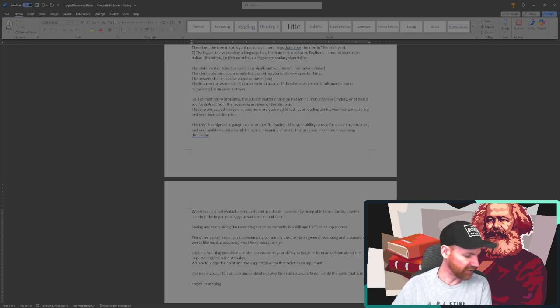So, logical reasoning problems. We're talking about a formal thing here. Logical reasoning problems do not ever require you to differentiate between valid and invalid reasoning within arguments.